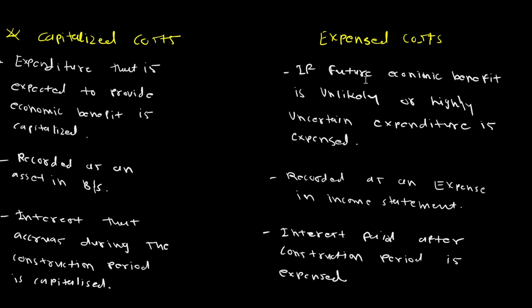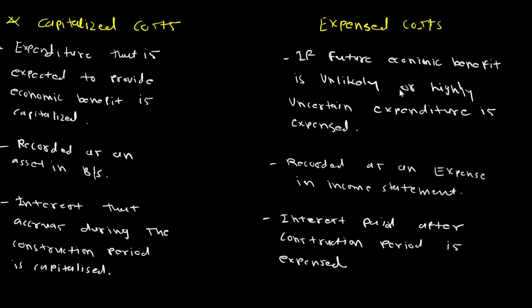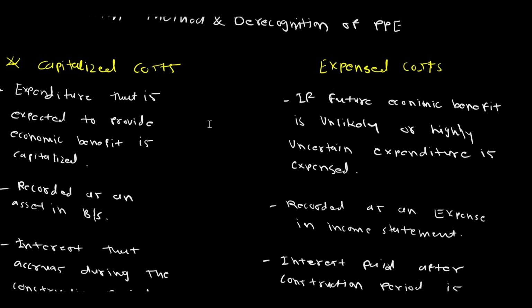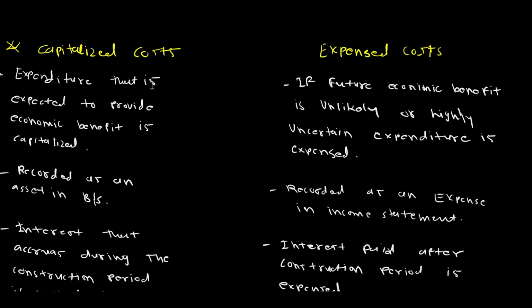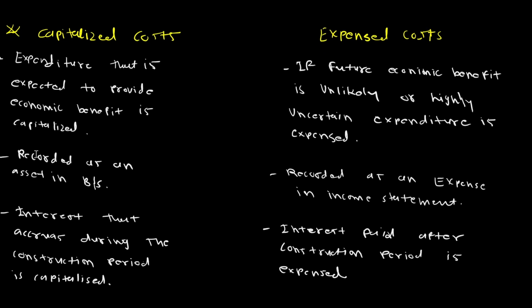And if a future economic benefit is unlikely or highly uncertain, then the expenditure is expensed. When future benefit is not there, the company directly expenses it. How does the company capitalize? The company records that cost as an asset in the balance sheet.